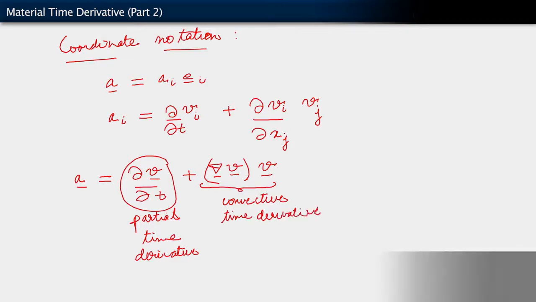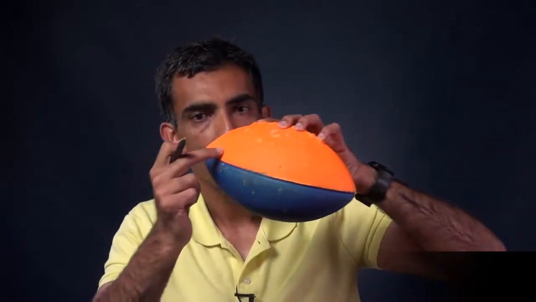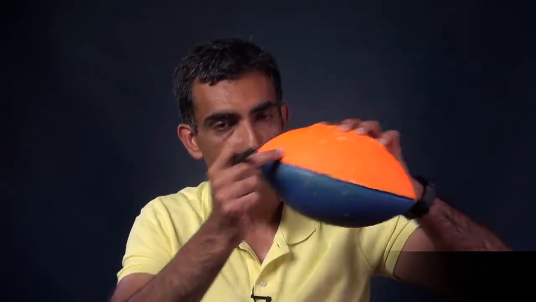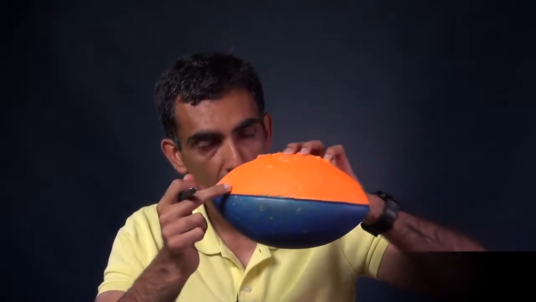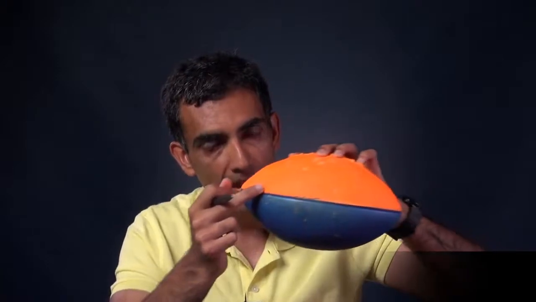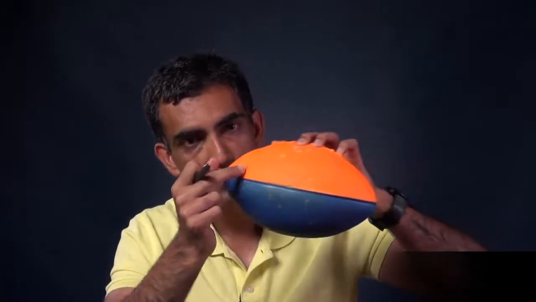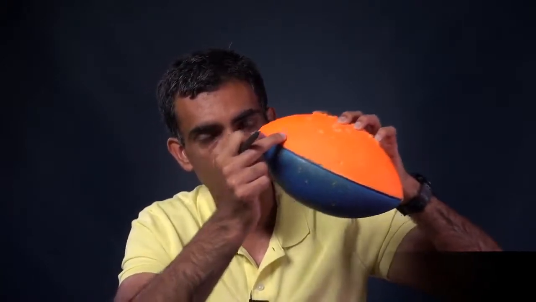Convective because what we're accounting for is the fact that as this body deforms, particles are moving with some velocity, but in doing so, they're also carrying along a certain amount of acceleration, because there are neighboring particles which are moving at different velocities.